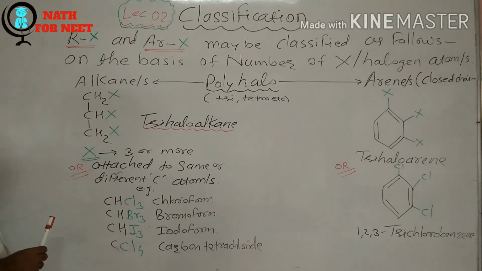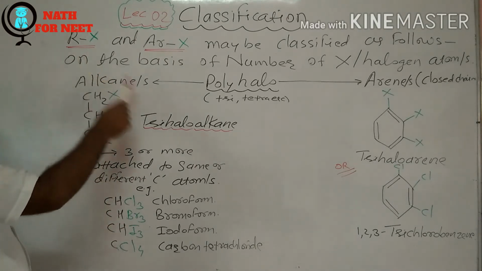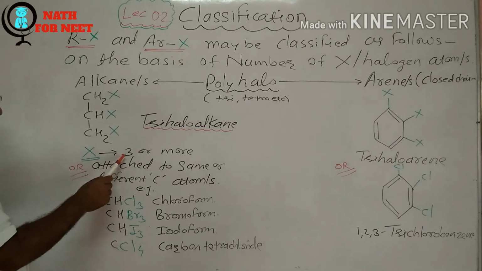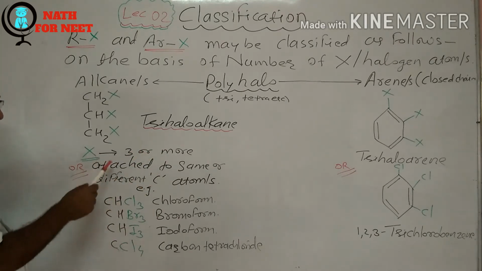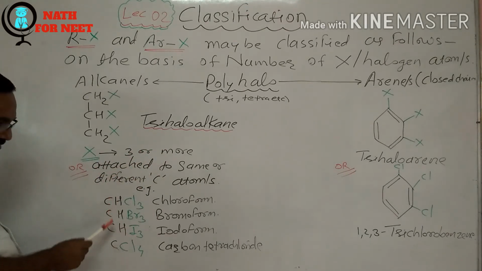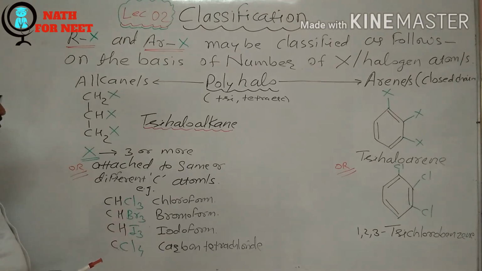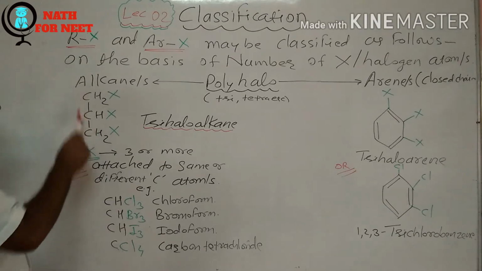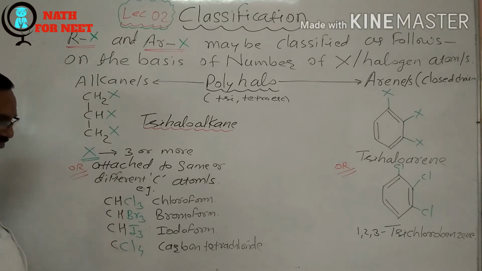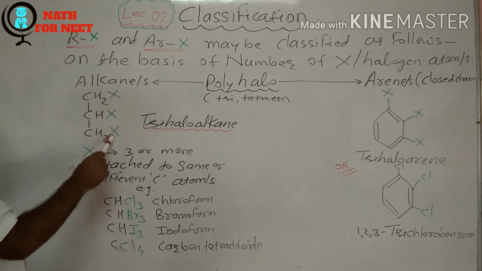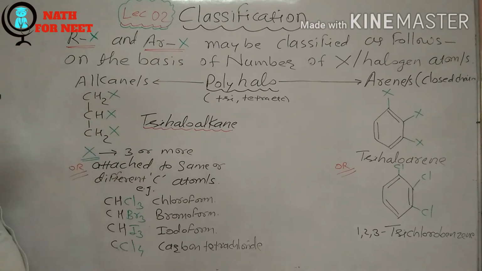So this is the case of trihaloalkane. The name polyhaloalkanes itself indicates the meaning: haloalkanes that possess 3 or more than 3 halogen atoms attached to the same carbon atom or different carbon atoms. Here these are the 3 halogen atoms, attached to the same carbon atom. But in this case, the 3 halogen atoms are attached to different carbon atoms.